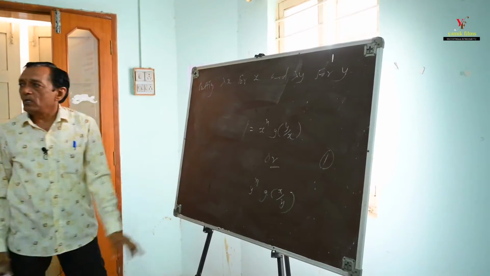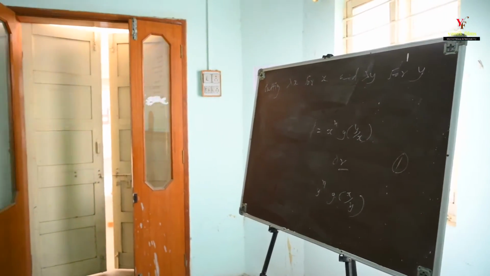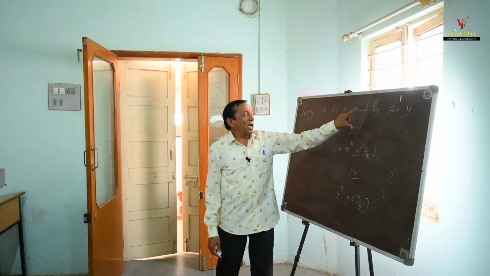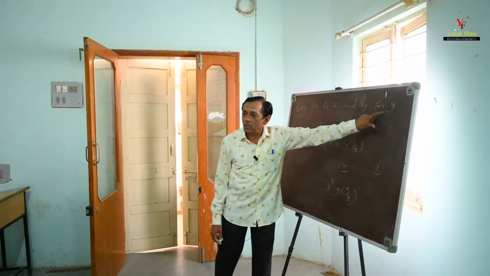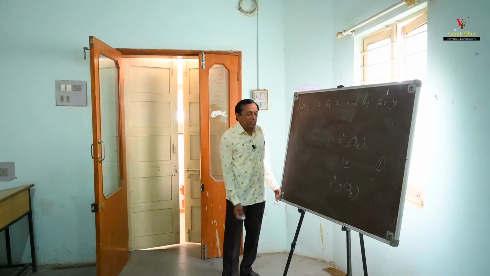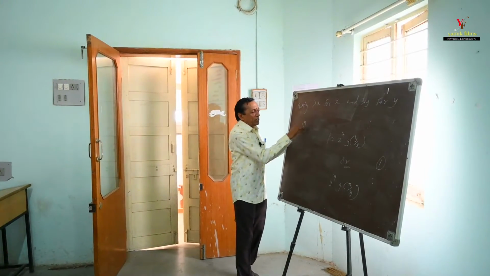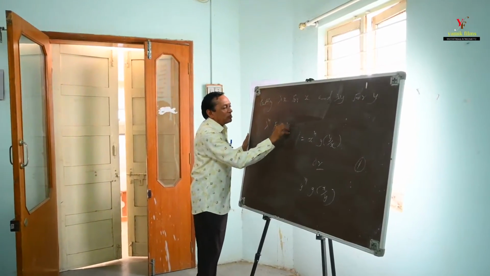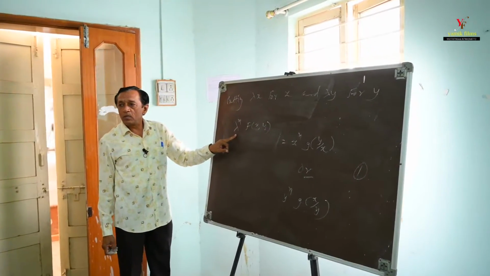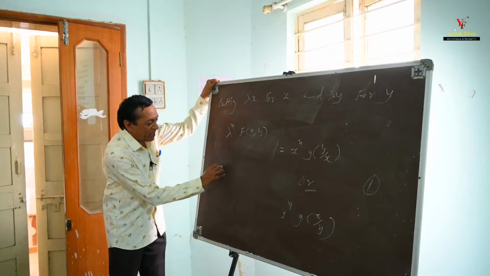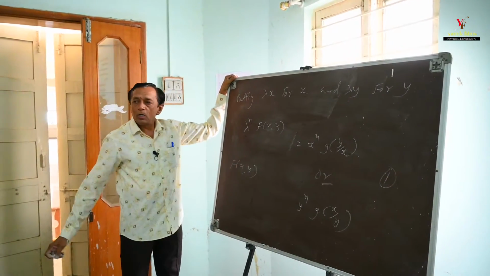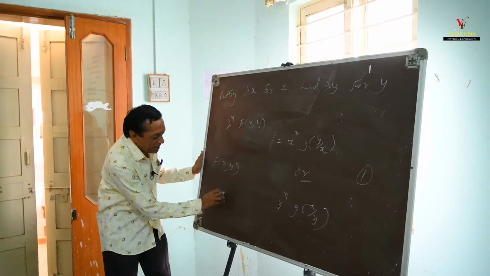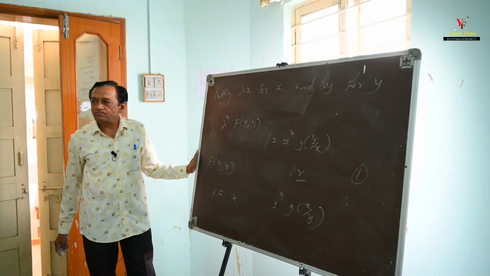After putting lambda x for x and lambda y for y, if the function can be represented as lambda raised to n times f of xy, then the given function f of xy is a homogeneous function of degree n.